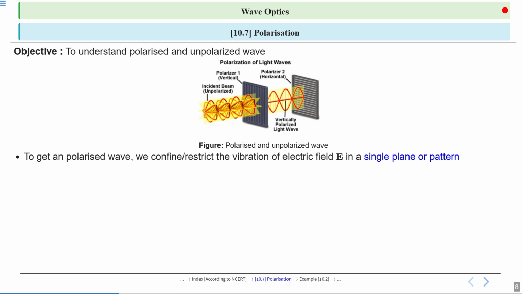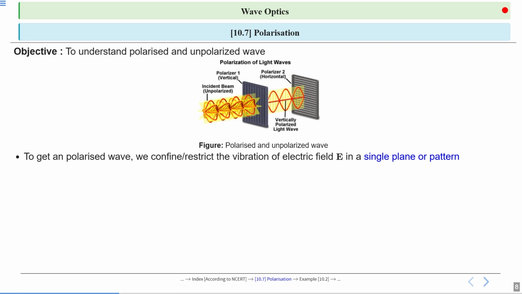Here C is 3 into 10 raised to the power 8 meters per second, a huge term, multiplied by the amplitude of the magnetic field. That's why the major effect in polarization is due to the electric field, which is also called the light vector.